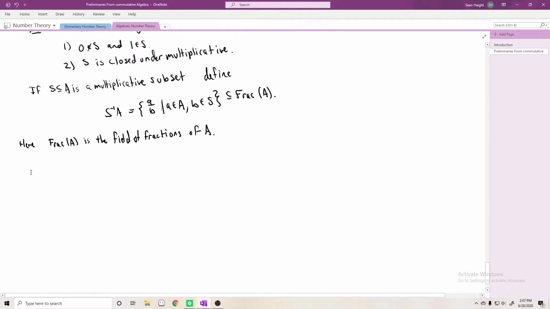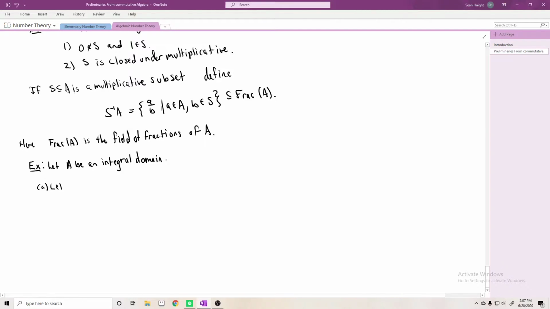Okay, so let's do an example of this. We're going to let A be an integral domain. There are two main important classes of multiplicative subsets. The first one is the multiplicative subset generated by an element.